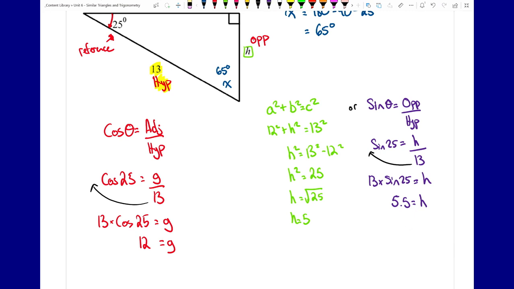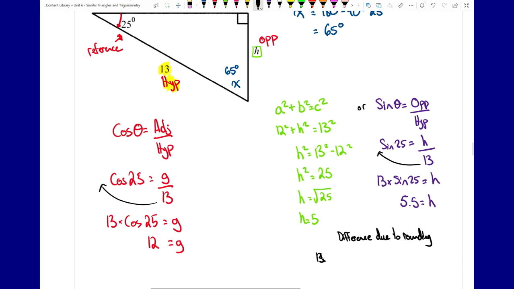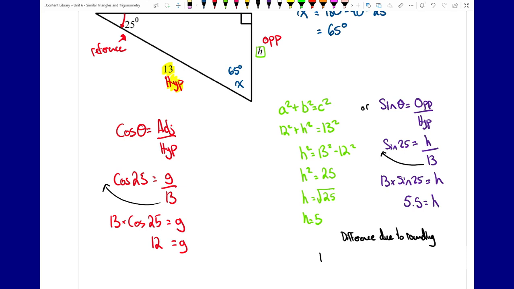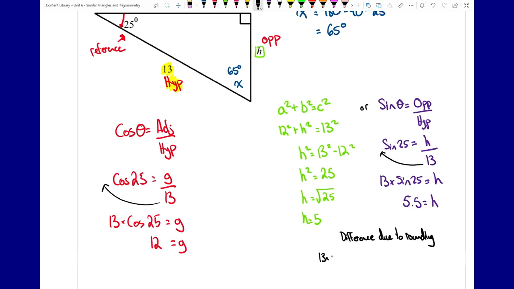Right, so the difference between these two is due to rounding, because 13 times cos 25 is actually 11.782.